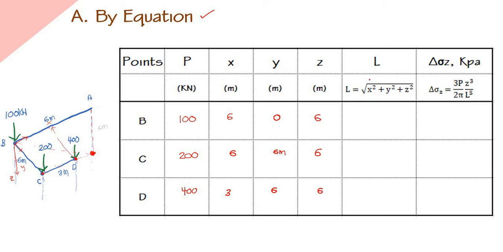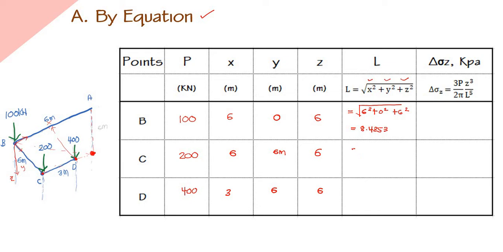So since we already have the value for X, Y, and Z, we can now solve for the value of L. So this is simply the square root of 6 squared plus 0 squared plus 6 squared. So this is 8.4853.